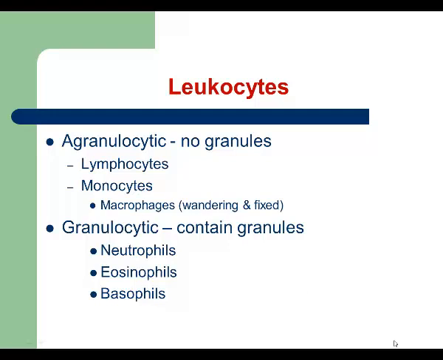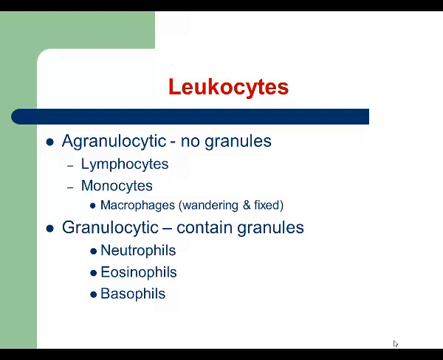Both innate immunity and adaptive immunity depend upon the actions of leukocytes, or white blood cells. There are more than 10 different kinds of leukocytes that we know, and all of them can be divided into two main groups: agranulocytes, which means they have no granules in the cytoplasm, and granulocytes, which means they have granules in their cytoplasm.